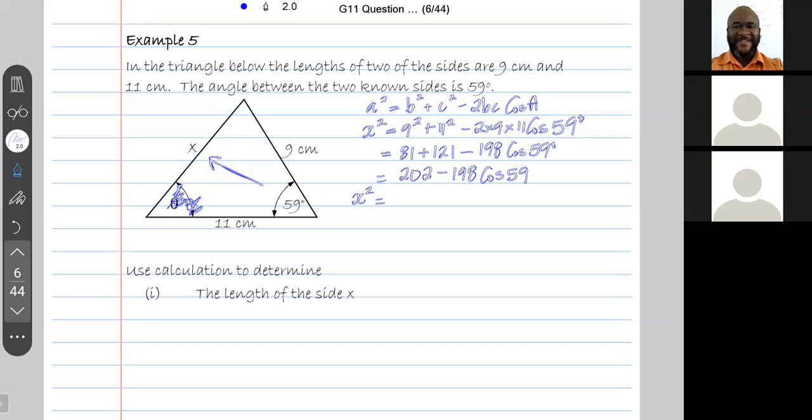So 202 minus 198, the cosine of 59, and this is 100.002.